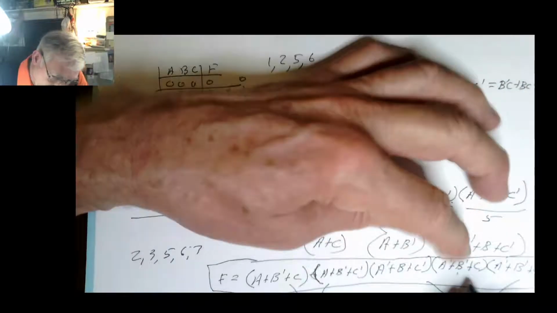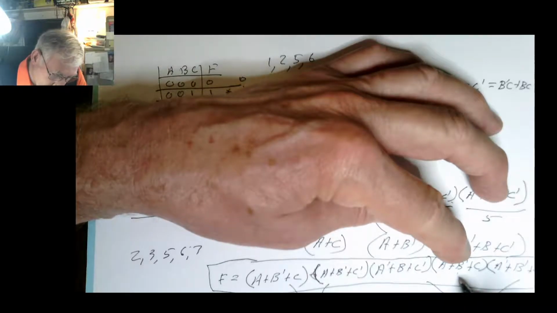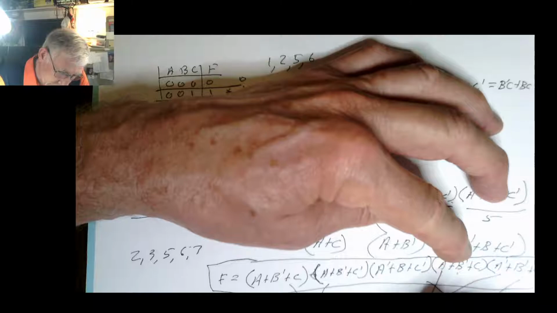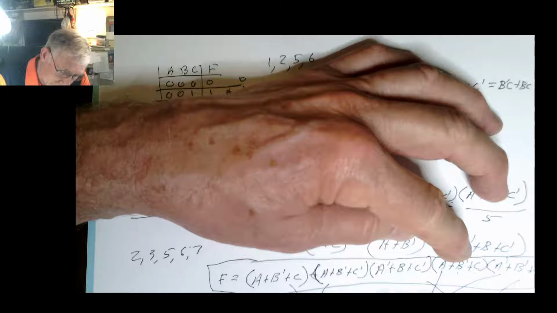We can combine these two terms, since the b changes, to a prime plus c prime. And that just leaves us this term, which we can also combine with this term, or we can combine it with this term. So we have choices. I'll just combine it with this one to make it easy. That would be a prime plus b prime plus c and a prime plus b prime plus c prime, so that just gives us a prime plus b prime.